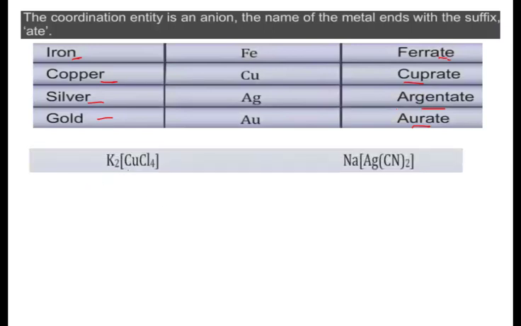For example, now it's K2CuCl4. So the name of this complex will be, first of all, we will write potassium. Then it will be tetrachlorido, and it will be cuprate, because the complex is negative and the oxidation state will be 2. This is the name of the complex.